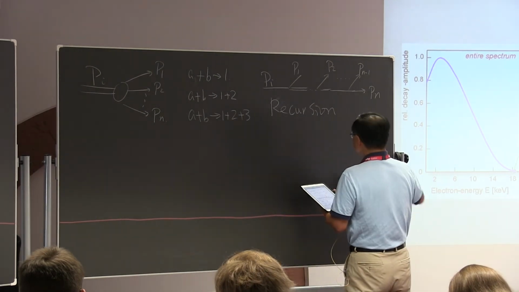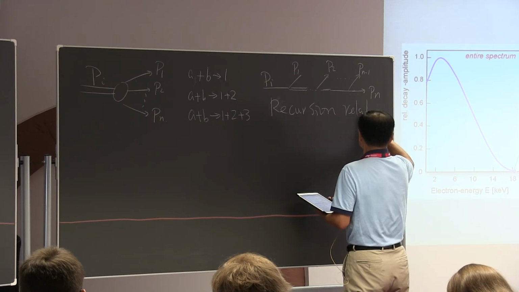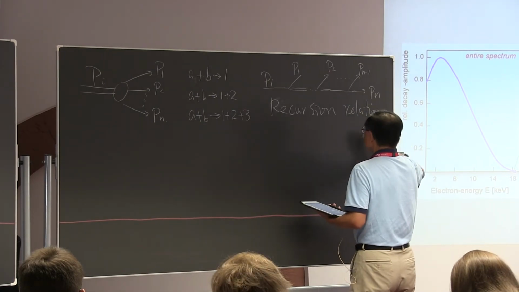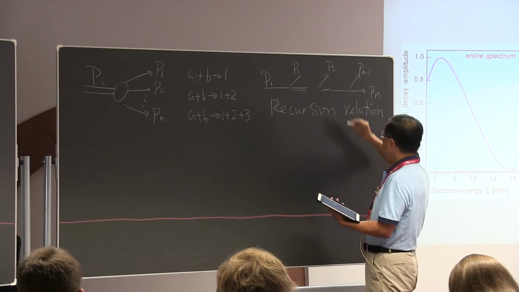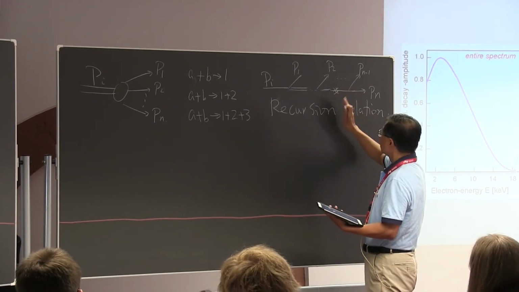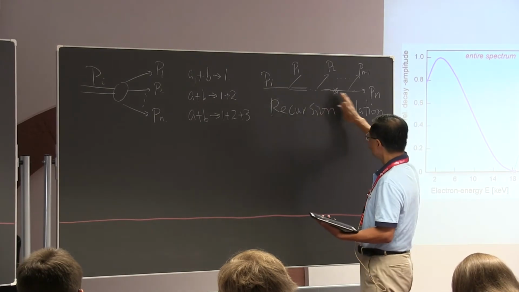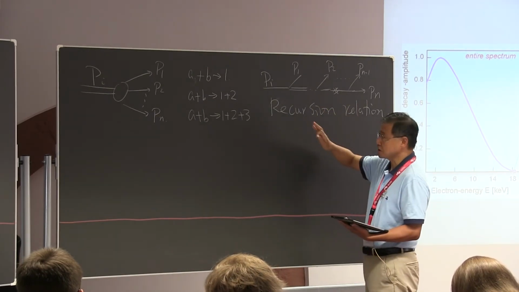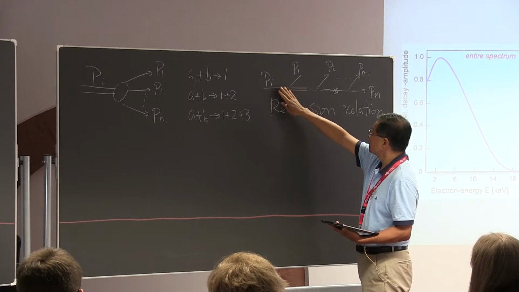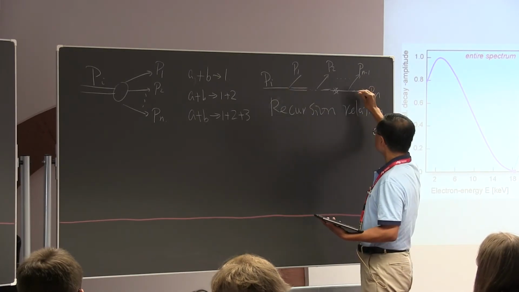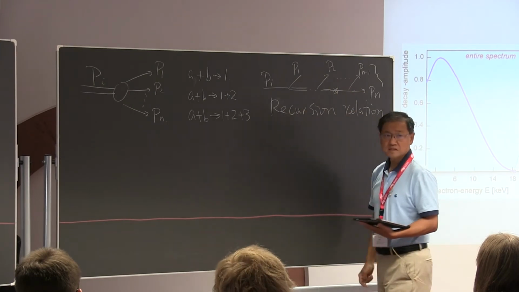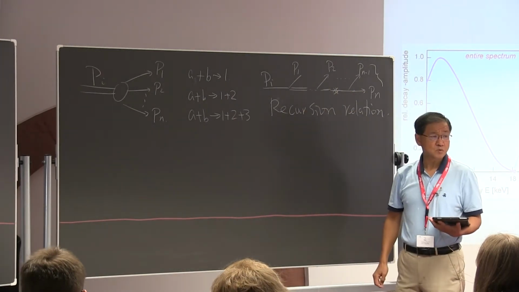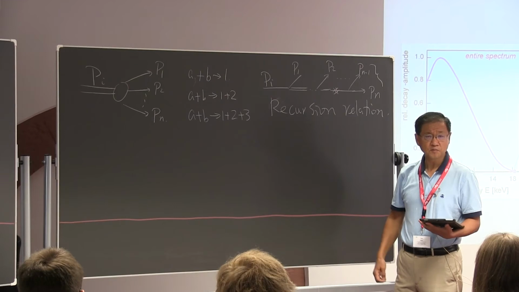The recursion formula tells you that, for your convenience, you can break this at any particular point and write this whole n-body phase space, as I give you the expression, into two pieces: the two-body and the rest, n minus 1 body. There's a formula to do this.